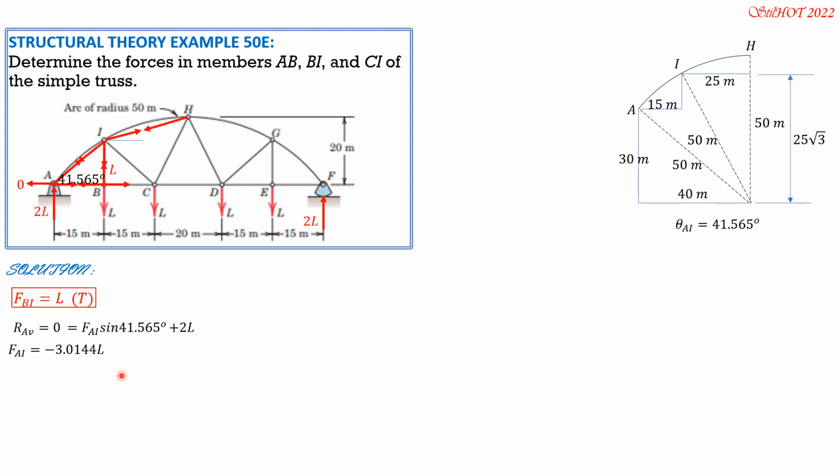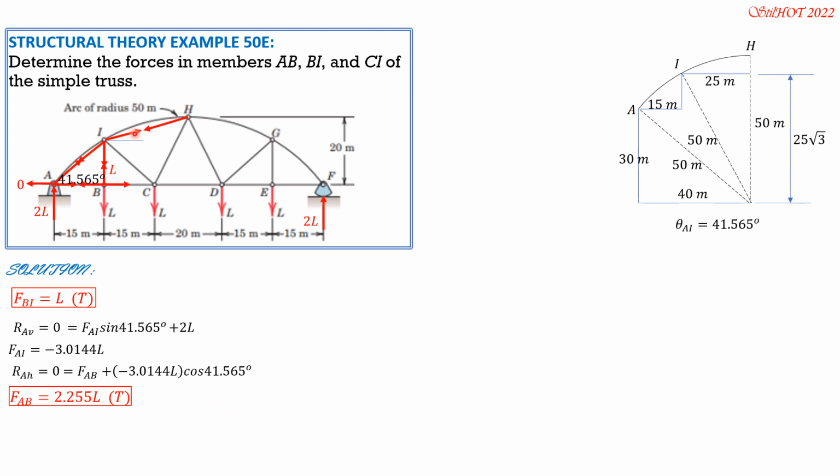Then RA horizontal equals 0, so FAB plus FAI, which is negative 3.0144L, cosine of 41.565 degrees. So those are the only forces involved. Then we can solve FAB, which is positive. It is tension. It is 2.255L tension.